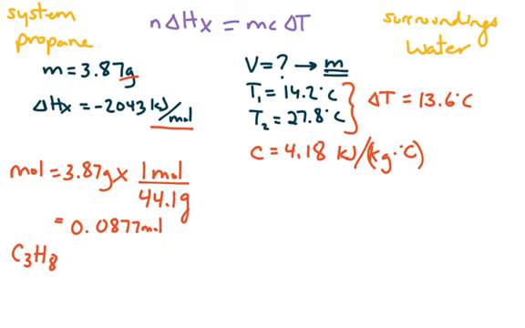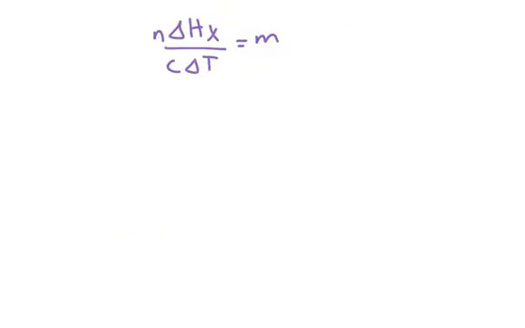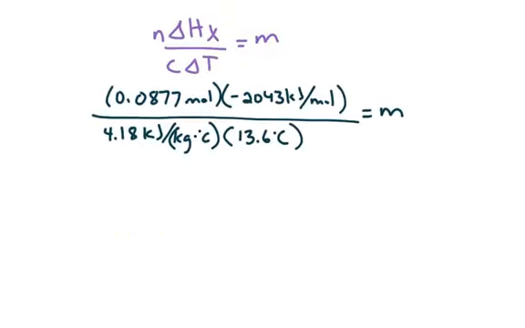So at this point I have everything I need, and I'm going to rearrange the formula to solve for m so I can convert it back into a volume afterwards. So here's my rearrangement, and then I'm going to substitute and solve. So at this point I can just go through and solve for the math.